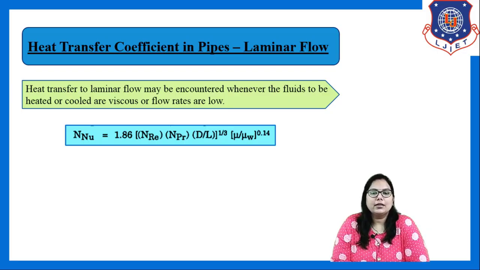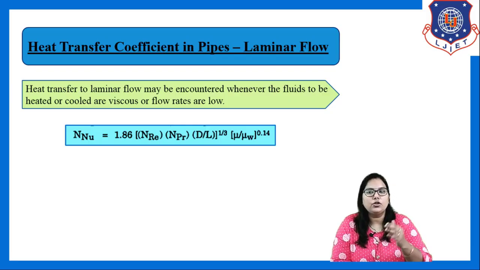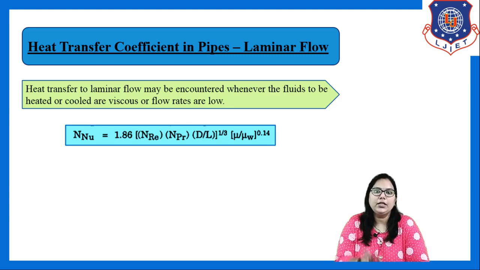So here Nu, which is the Nusselt number, is equal to 1.86 into Reynolds number into Prandtl number into D by L, whole raised to 1 by 3, into bracket mu by mu W raised to 0.14.